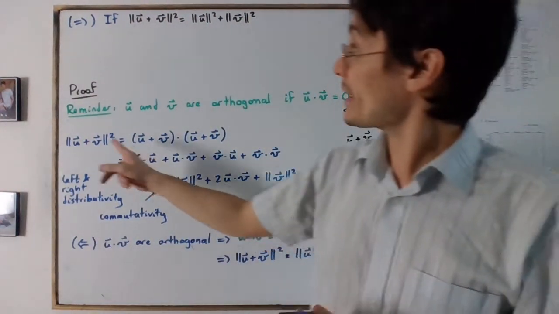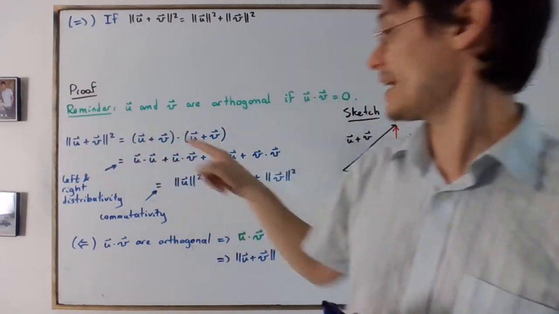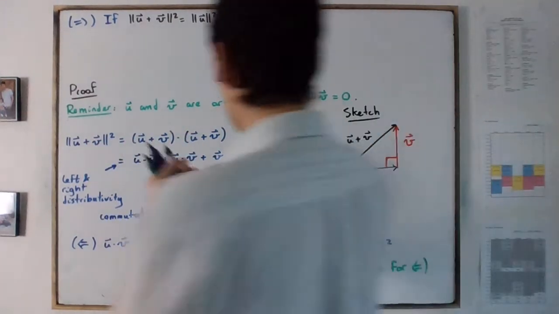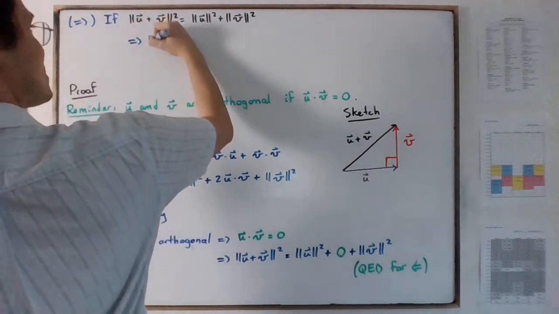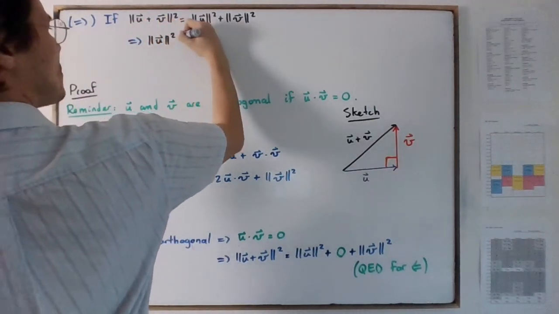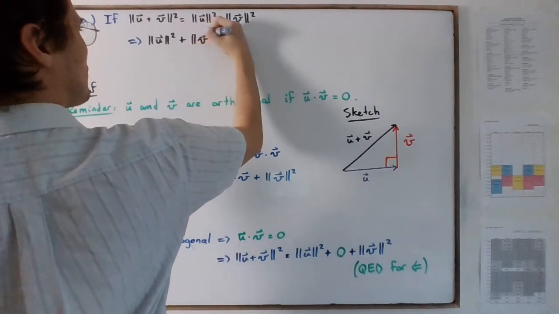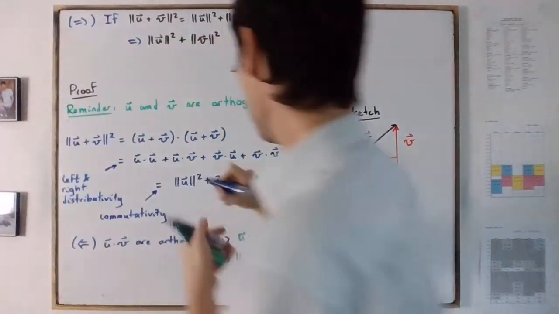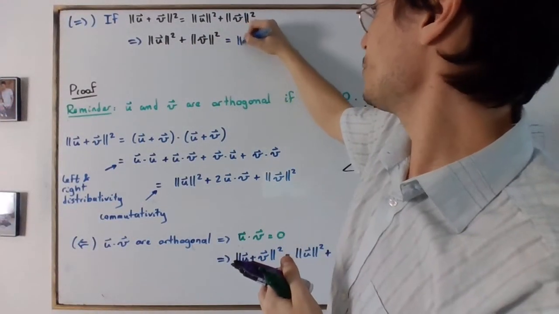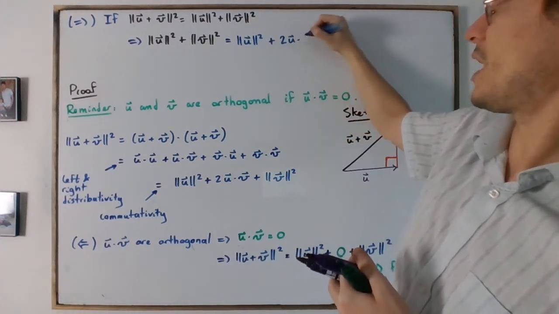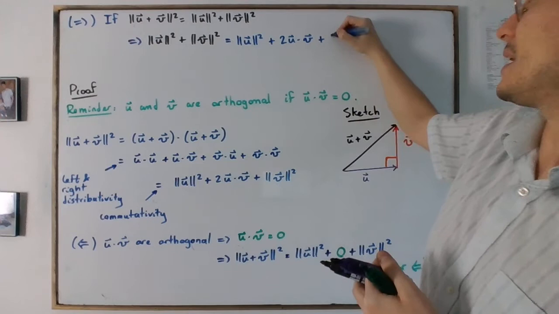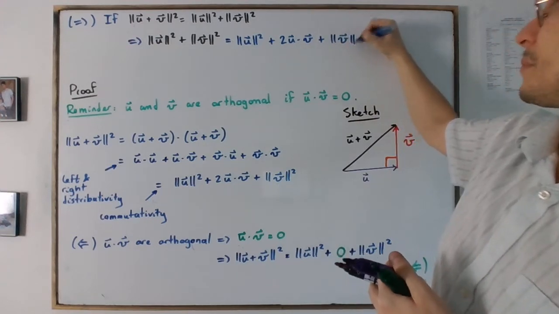Then in this case, I can replace this side in this equation. So it means that u squared plus v squared is equal to u squared plus 2 u dot v plus v squared.